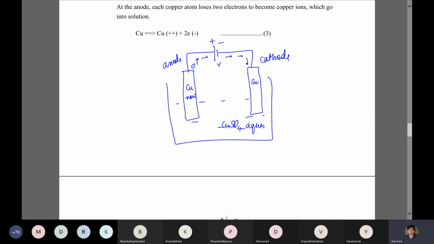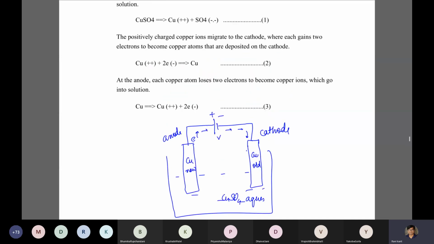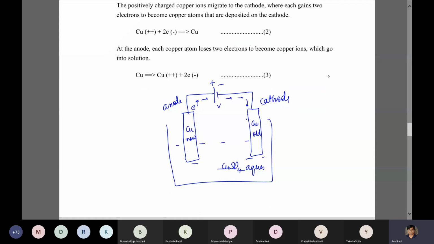This is your copper metal, maybe new copper metal. This is your copper plate that is old, and you want to plate it, or make a new copper surface on top of it. As an example, you sometimes have designer ornaments that are not of gold, you can say it's a fake ornament, and you can actually plate it with gold.